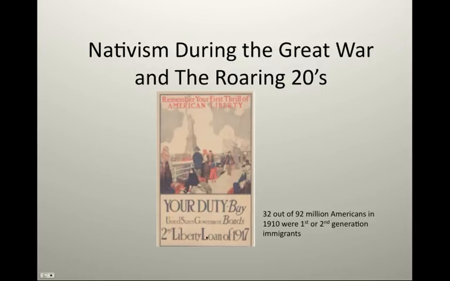And as we look here at the wartime poster, "Remember your first thrill of American liberty. Your duty, buy U.S. government bonds," what was called the Liberty Loan. This was a fundraising mechanism used by the U.S. government during World War I to support the war effort through the solicitation of funds, so-called war bonds.